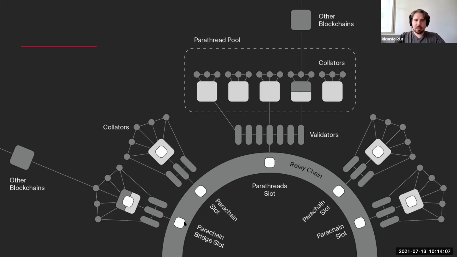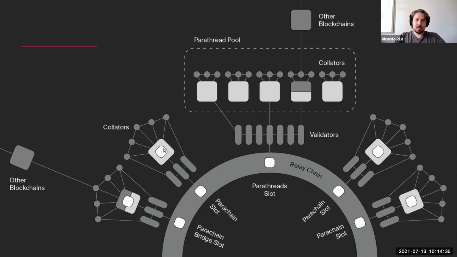The relay chain is in charge of giving the security to all the parachains, by giving the finalization. So here, for example, in this part, these are validators. All these things here are validators for the relay chain. These are just validating the Polkadot network.